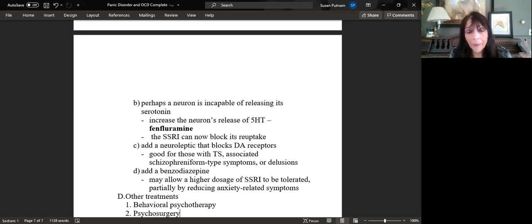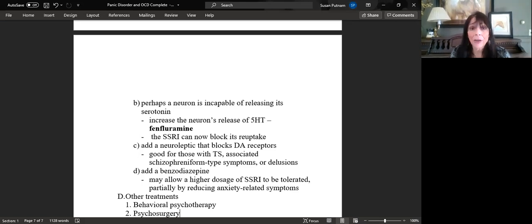Third, now hopefully you're thinking ahead, and we talked about serotonin or dopamine or both. Okay, so we're treating this patient, let's say, with treatments that will alter serotonin availability overall. But we're still not seeing enough.